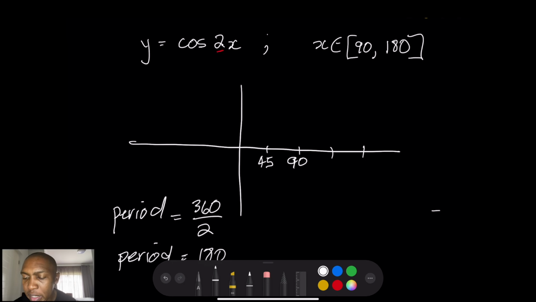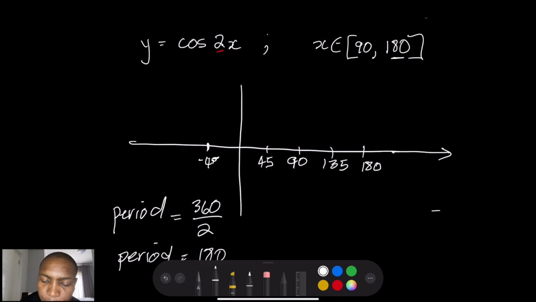Instead of 270, I'll take that divided by 2, which would be 135. And that would be 180. Of course, you'd continue there, and so on and so forth. My restriction is up until 180, so I'm going to keep it to that. I'll do the same on this side, so that would be minus 45, and that would be minus 90, and my graph would continue like that.